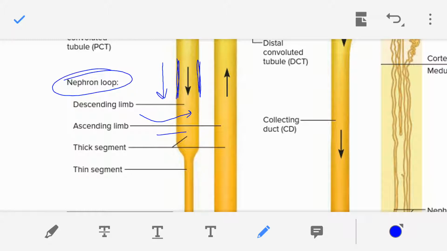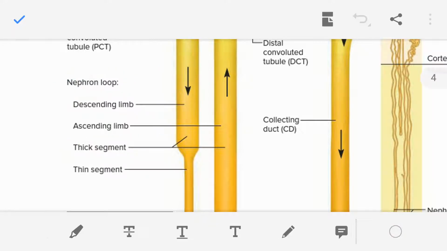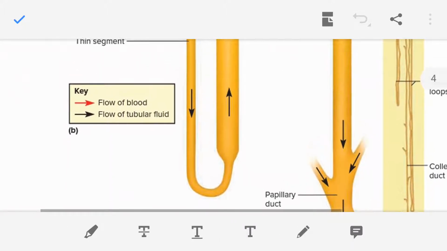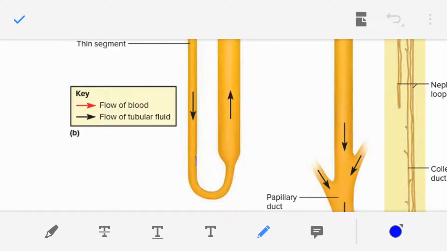You see the diameter, this part has a larger diameter, so that's why this portion is known as the thick segment. Now there is a decrease in diameter, so that's why this segment is known as the thin segment. Now this thin segment makes a hairpin-like turn, so this is the hairpin-like turn. After the hairpin-like turn, this renal tubule is ascending this portion.